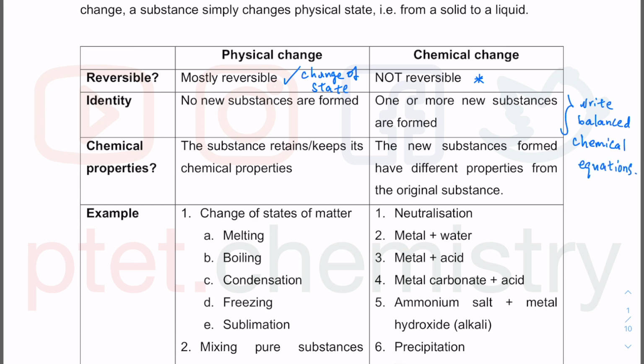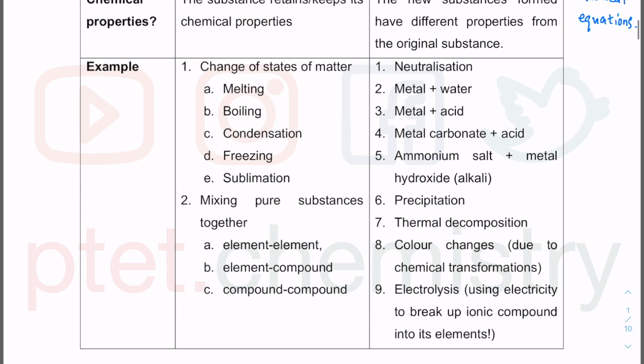Okay, chemical properties, so there's no change in the chemical properties because this is just physical change. There's no change in the chemical composition at all, no change in structure or the bonding. However, when it's a chemical change, you're changing the entire chemical composition. More importantly are the specific examples because you really must be able to identify all of these as physical change.